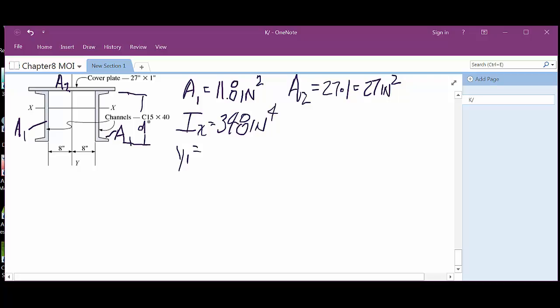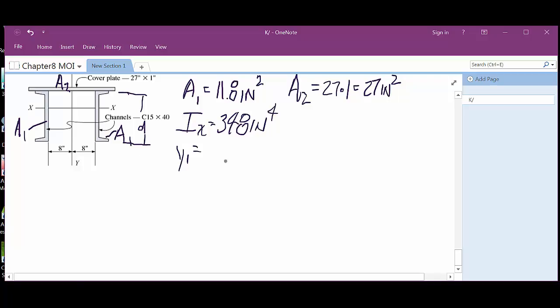So when it says C15 by 40, it's 40 pounds per foot of weight. If it was a C12, then that D value should be 12. Does it give any weights in here? I don't think it does, but that's what that designation's for.